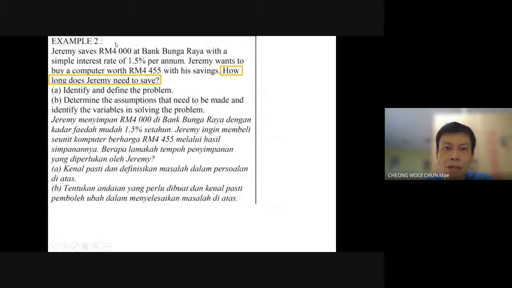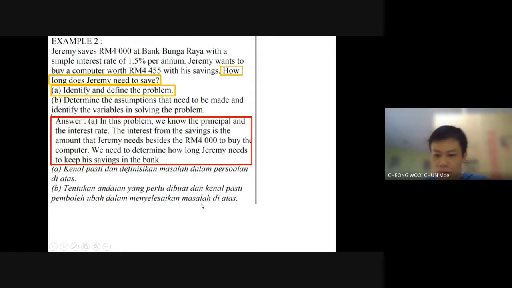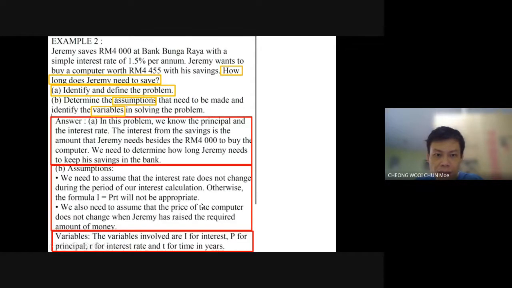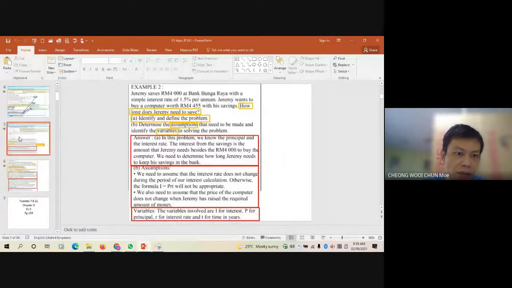That means more than 4,000 ringgit. So we need to have the extra money from his saving to buy the computer. With his savings, how long does Jeremy need to save? Okay. So if you look at the modeling, I think I have to show you the modeling first.